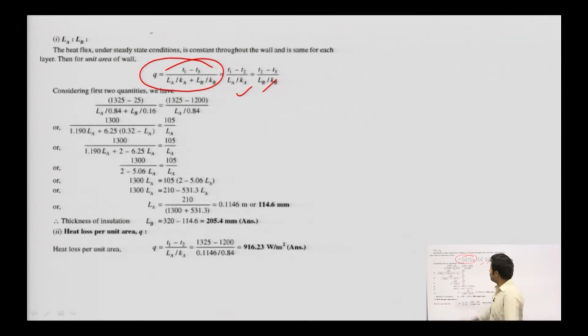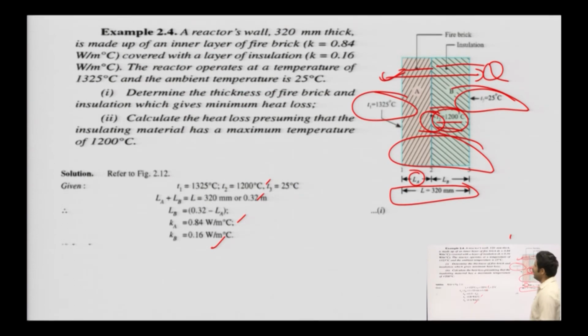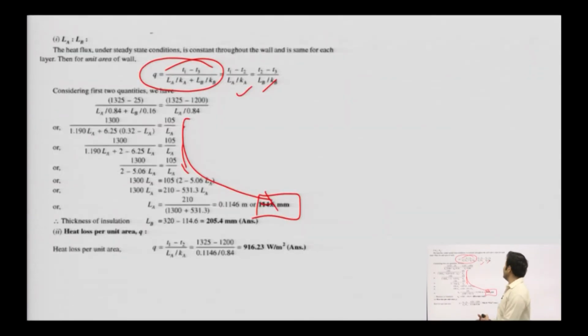So considering the first two quantities, you can calculate LA, because here LA is unknown. Everything else is known, so definitely you can calculate LA, the thickness of the fire brick.